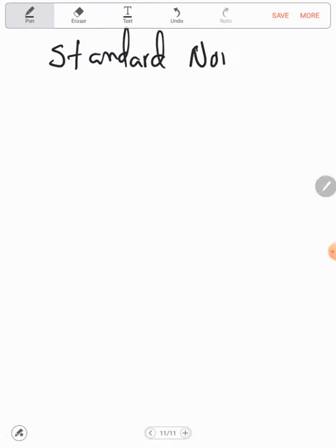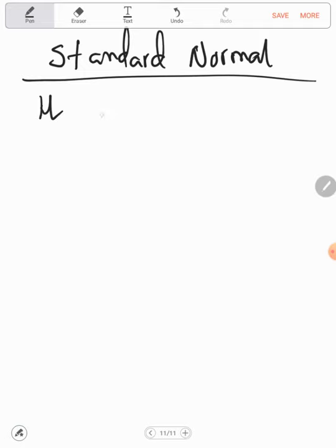Okay, we move on. Move now to the standard normal. The normal distribution can have any value of the mean and standard deviation.